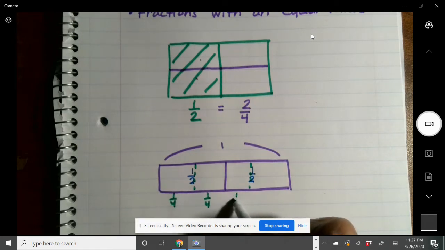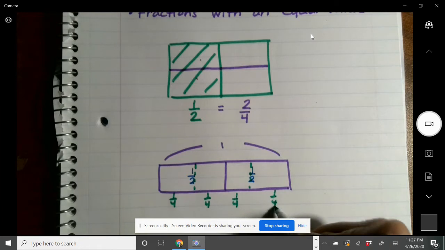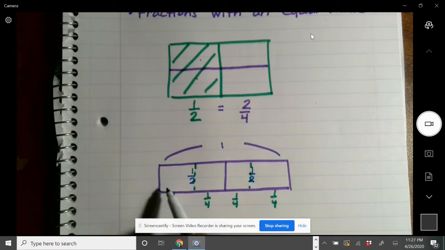Each one of these is now 1/4. And if I'm looking at that 1/2, I see that it's the same as 2/4. So I still have the same equivalent fractions. 1/2 is equivalent to 2/4.